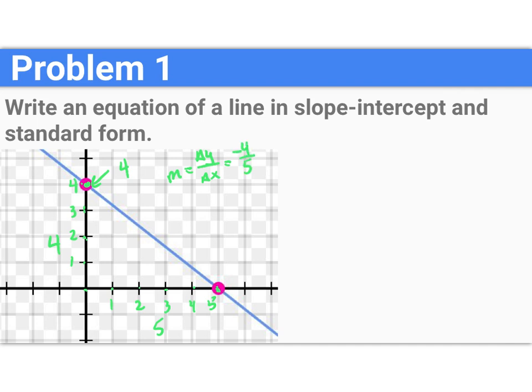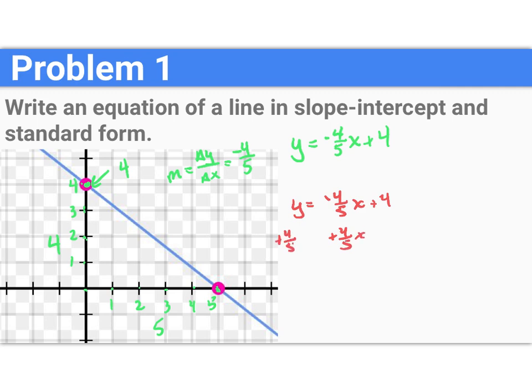So now to write the equation of a line in slope-intercept form, we need y, we need our slope, which is -4/5 x. The slope, or the rate of change, always multiplies the x, and then you add your intercept. So now, let's change this to standard form. All you have to do is take y equals -4/5 x plus 4, add 4/5 x to both sides.